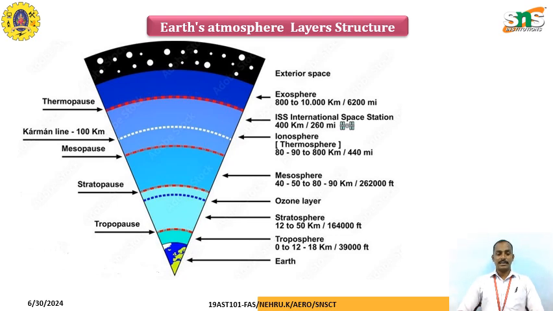The next layer is the mesosphere. It starts from the top of the stratosphere, 40 to 50 kilometers, up to 80 to 90 kilometers. Next there is the ionosphere layer, from 80 to 90 kilometers up to 800 kilometers. In this region, we have the International Space Station, up to 400 kilometers from the Earth.